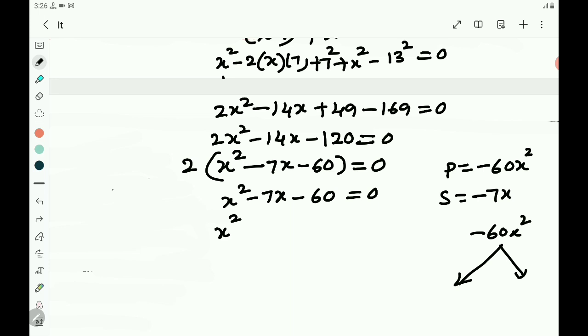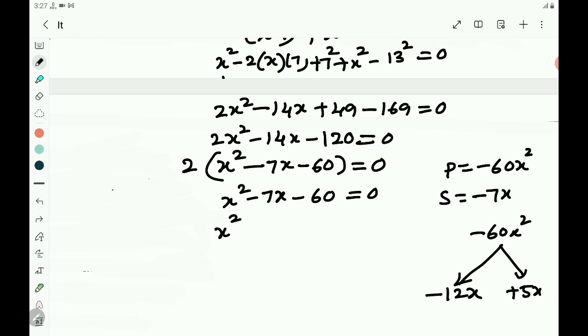In which table is 60? 12 into 5 is 60, no? So you can write minus 12x plus 5x. Minus 12x into plus 5x is what? Minus 60x square, and minus 12 plus 5 is minus 7x.